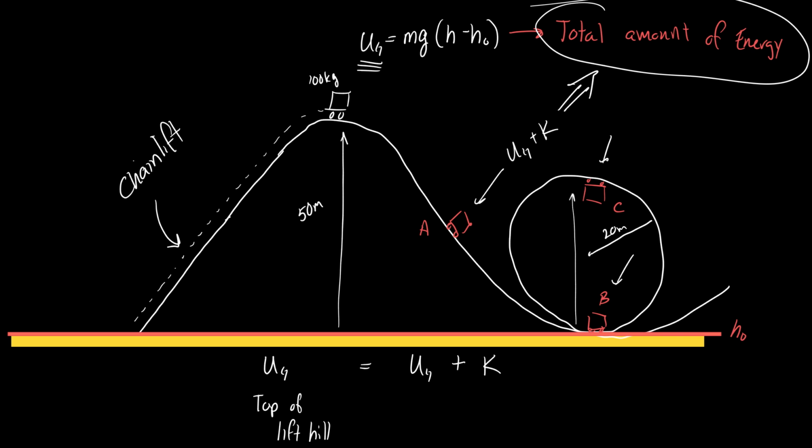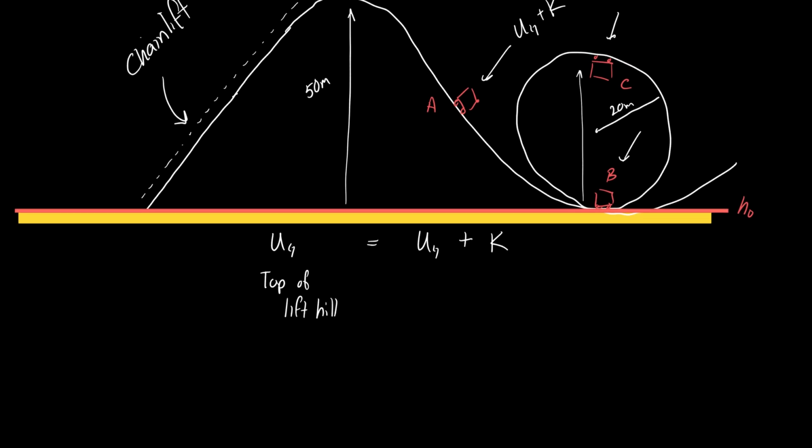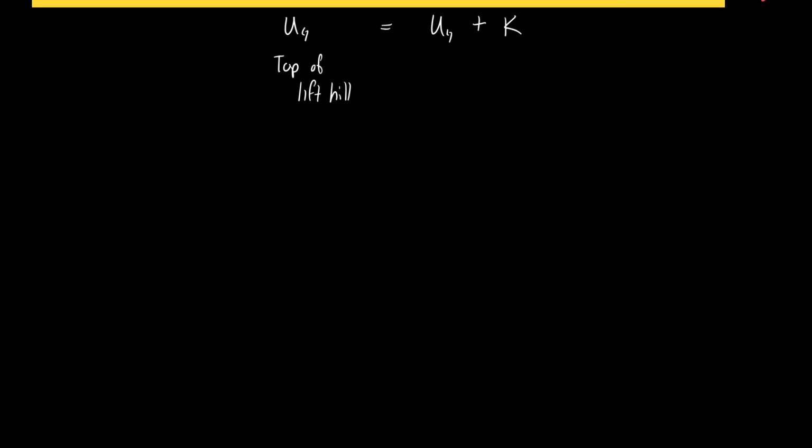How high are the cars when they're at the top of the loop? 40 meters, that's right. If the loop has a radius of 20 and the base of the loop is on the ground, then the height of the loop is 40. So if I want to know how fast the cars are traveling at the top of the loop, well, it would be mg times 50.